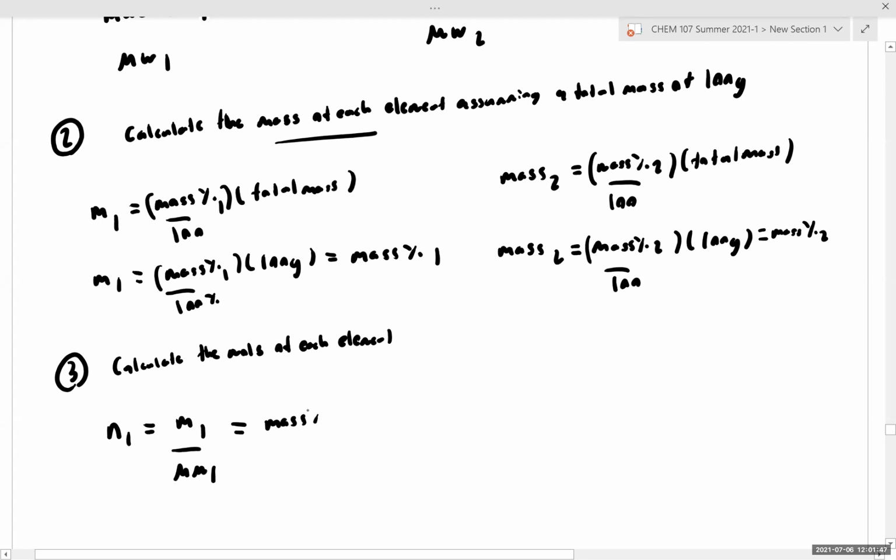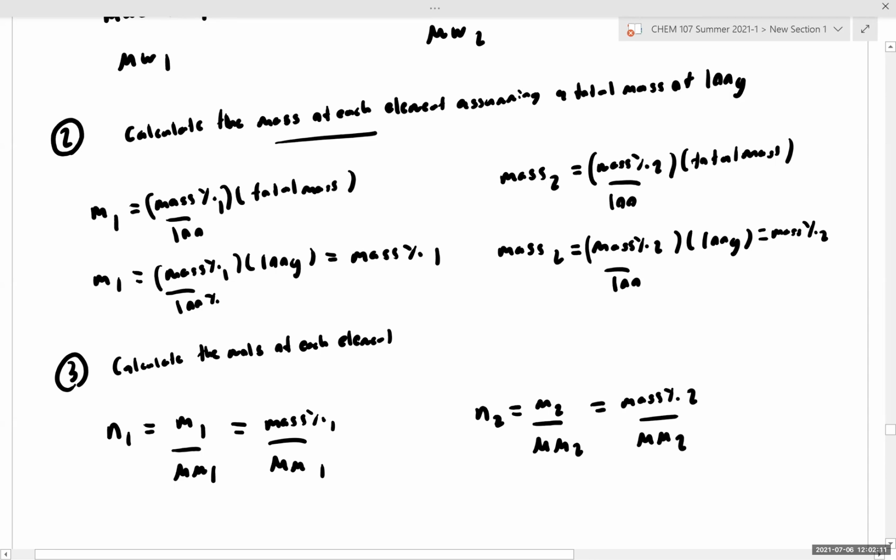So we can do that by taking the mass percentage in this case over the molar mass. We can repeat this process for our other element. Take the mass of element 2 over the molar mass of element 2, which is equivalent to the mass percentage of element 2 over the molar mass of element 2.